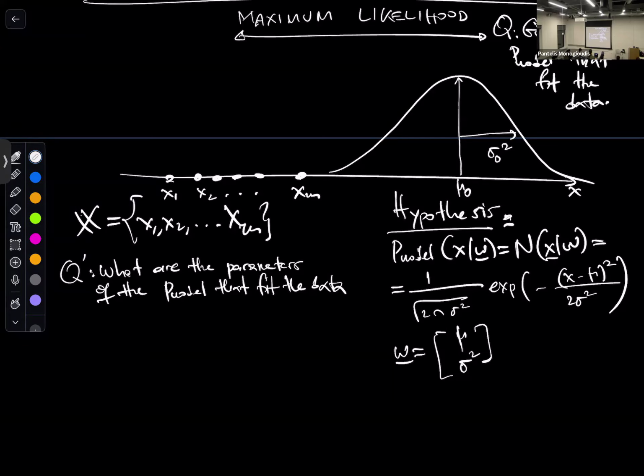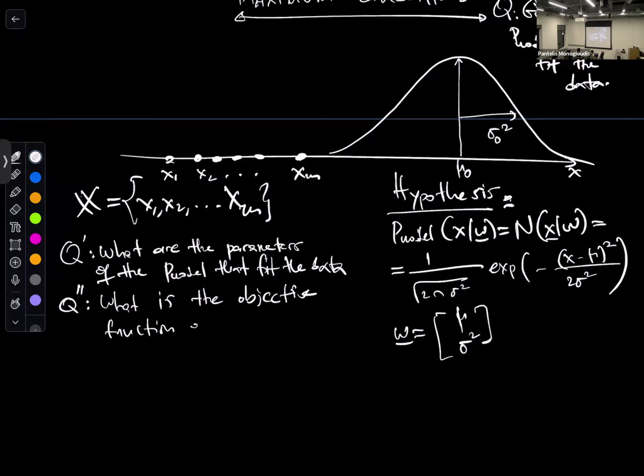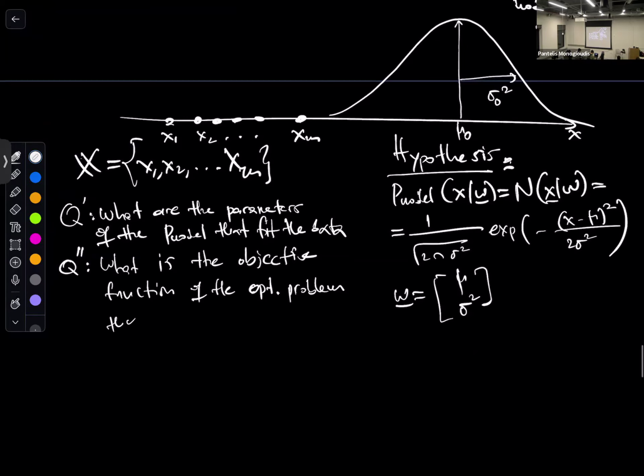So the Q double prime states: what is the objective function of the optimization problem that will give us good understanding?